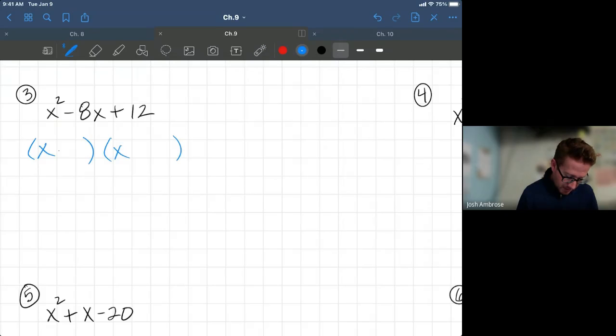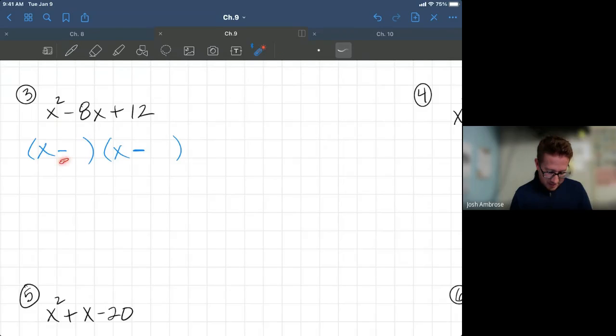It will be a minus and another minus. Let's think about this. If I have a negative times a negative, it will equal a positive. If I have a negative and I add it to another negative, it will equal a negative. So the signs are going to work here.